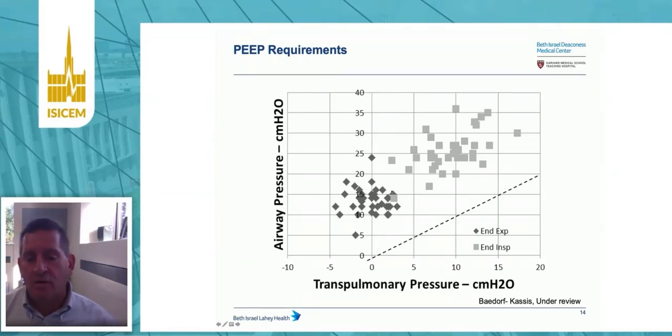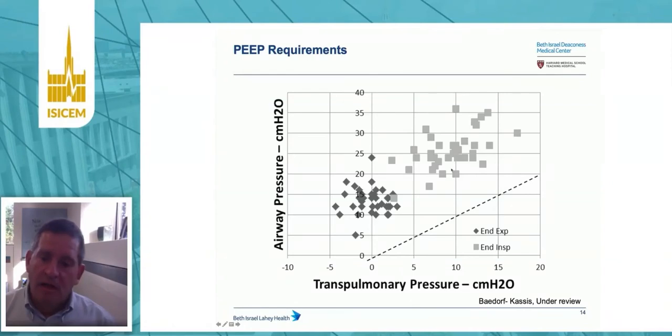So this value of PEEP required to maintain a positive transpulmonary pressure seems to indicate that these patients do fall within the range of responses we would see in ARDS. Up here, you can see the end inspiratory transpulmonary pressure.